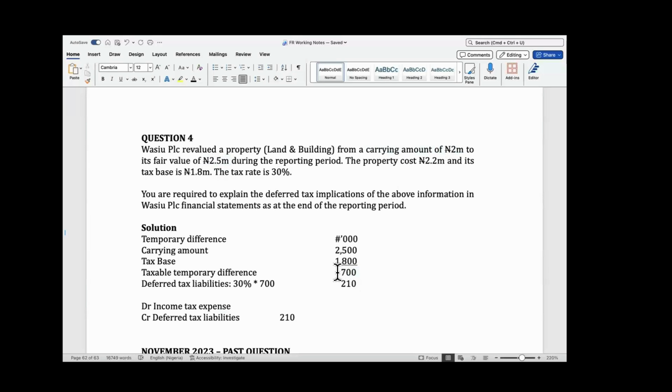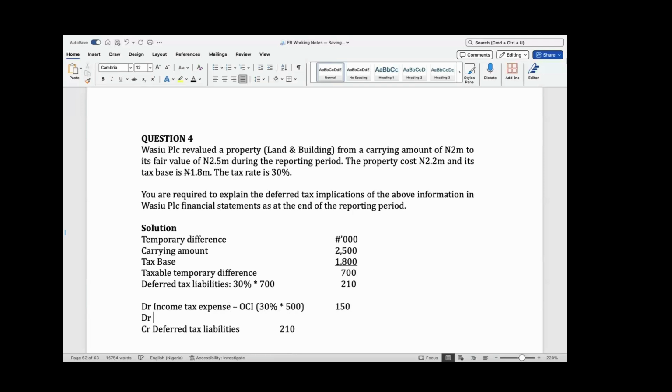So I cannot say that this 700 temporary difference is solely arising from the revaluation surplus. The point I'm driving at is the portion I can take to OCI is the deferred tax relating to the revaluation surplus of 500, which is 150.